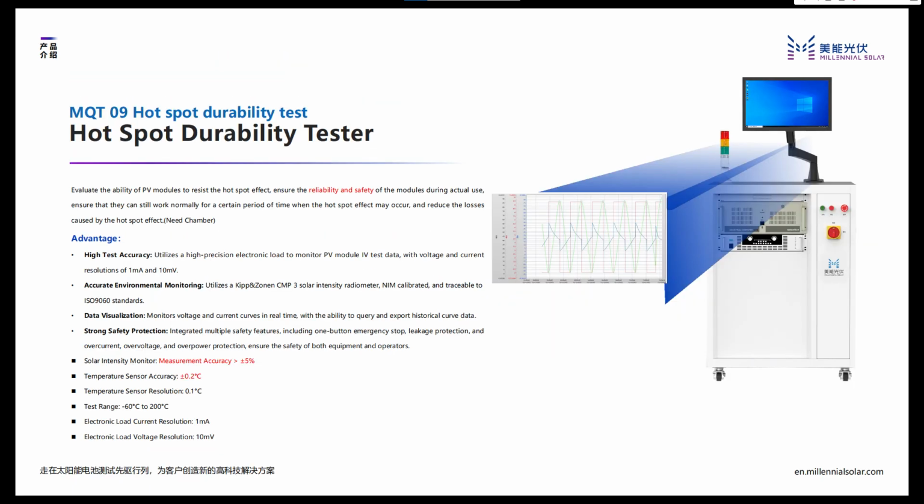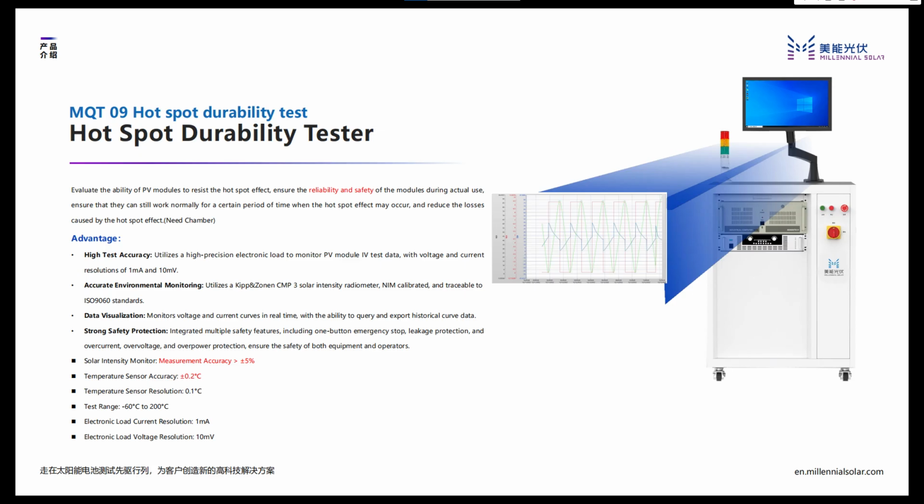Okay, MQT9, hotspot durability test. So what is a hotspot durability test? This test is mainly used to evaluate the ability of the PV module to resist the hotspot effect, ensuring the reliability and safety of the module during actual use.